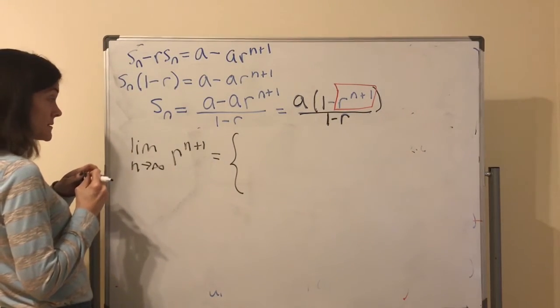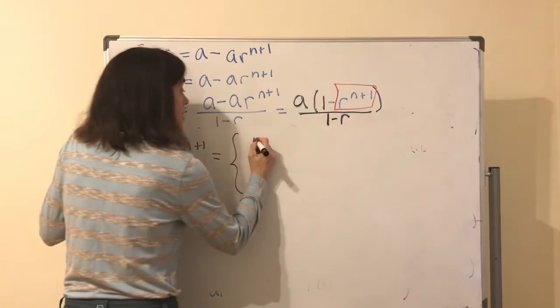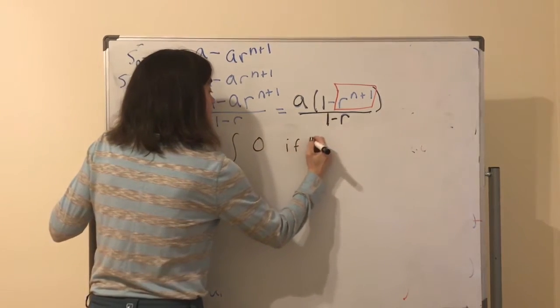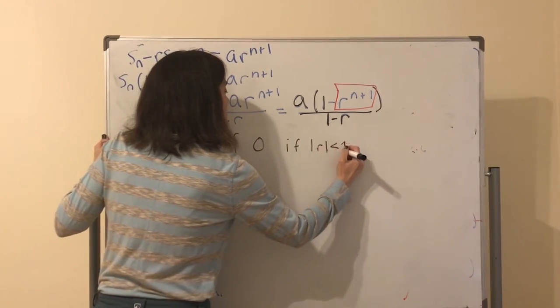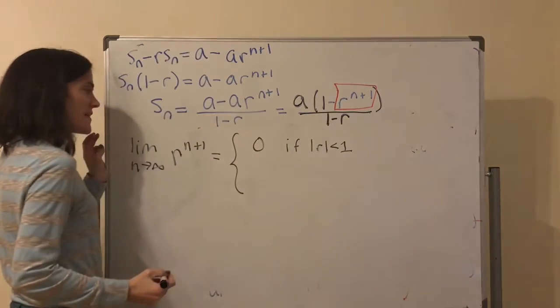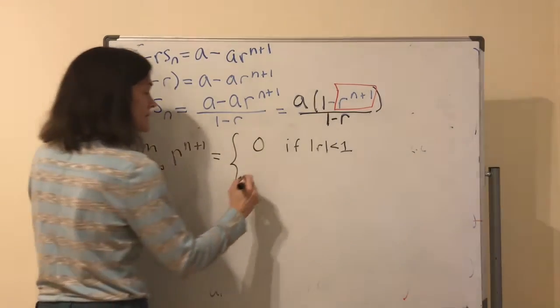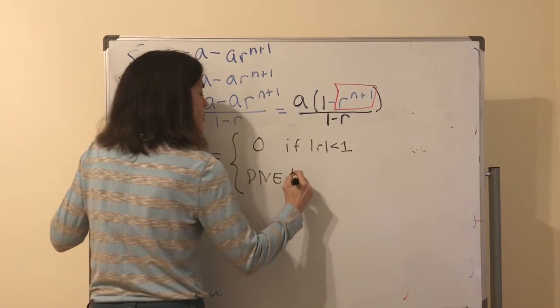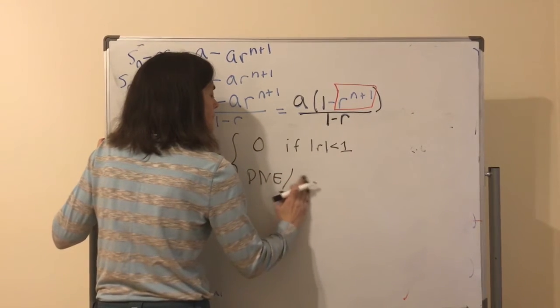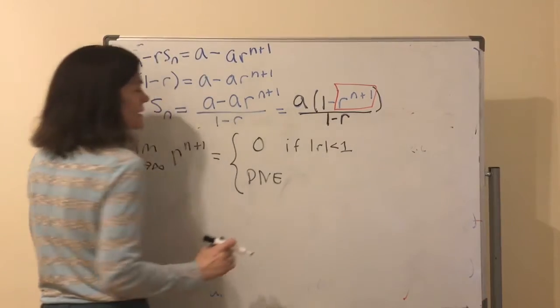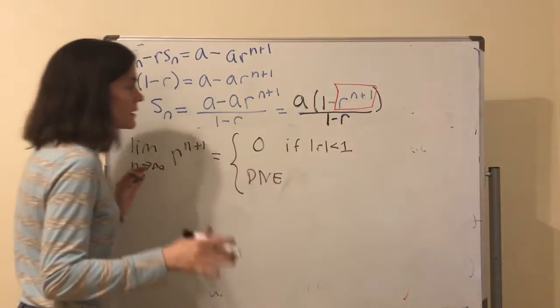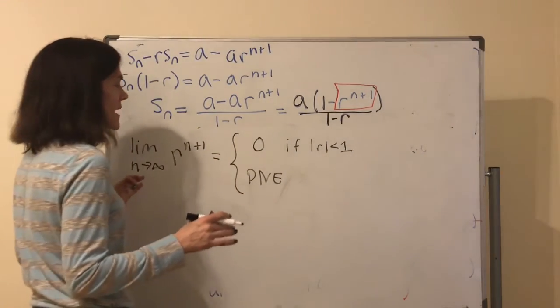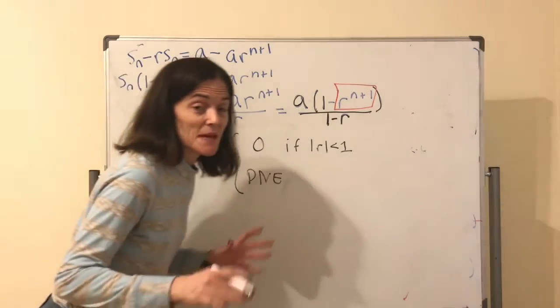So we have, and if you remember, this is 0 if the absolute value of r is less than 1. And then we get DNE. I won't write all the cases this time, I'll just put DNE because either it went to infinity, or, for instance, if we had r as minus 1, it diverges because it oscillates.